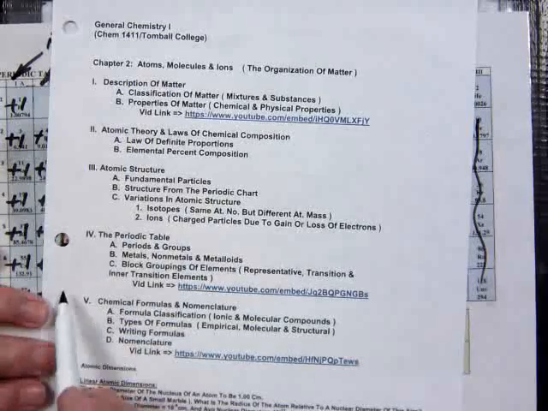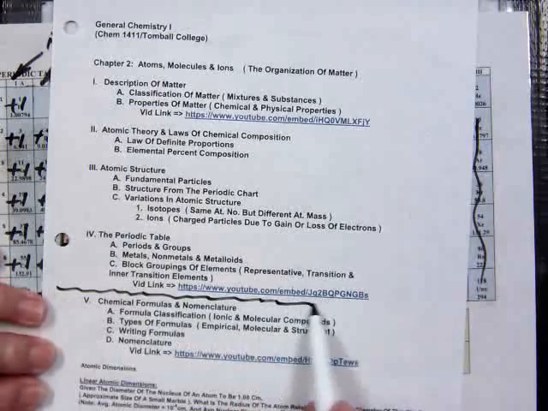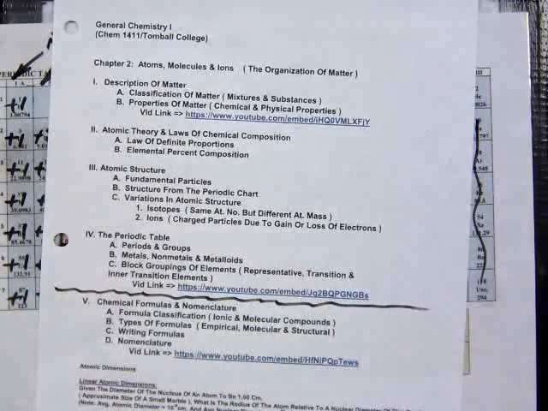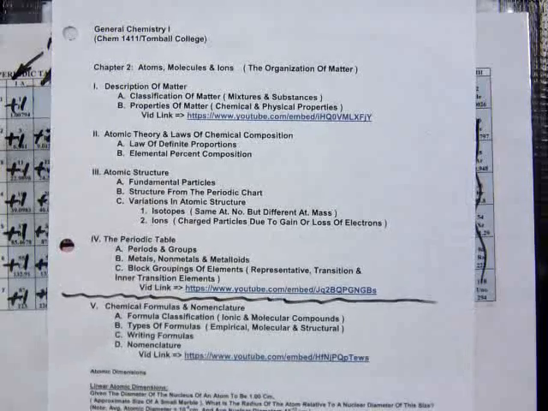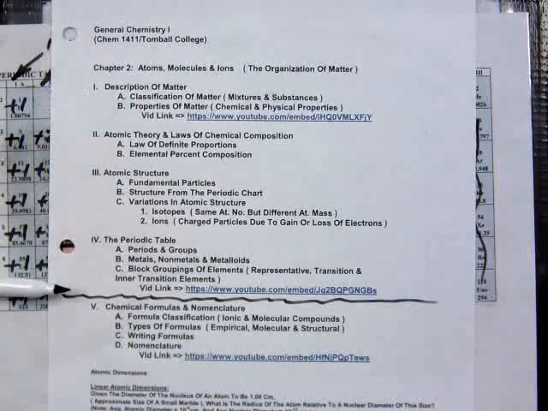Okay, here's where we are in our coverage. I've got some YouTube videos in here that I would encourage you to go look at. So if you go online, this is posted in the outline on Chem Unlimited. And so all of these topics have been covered. Okay?